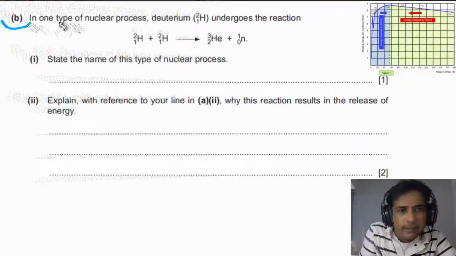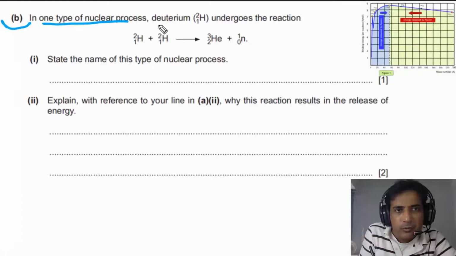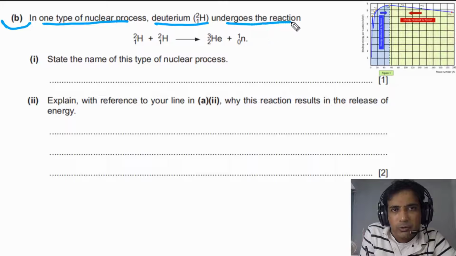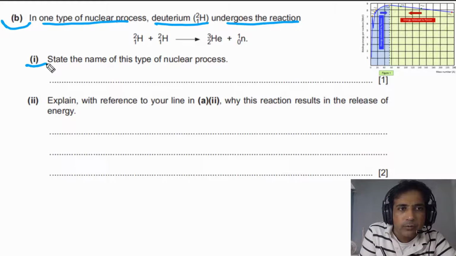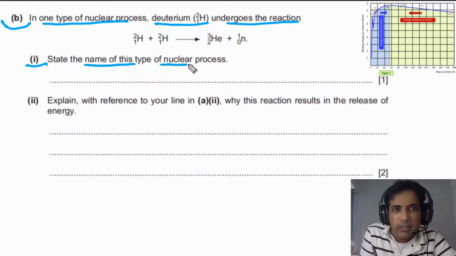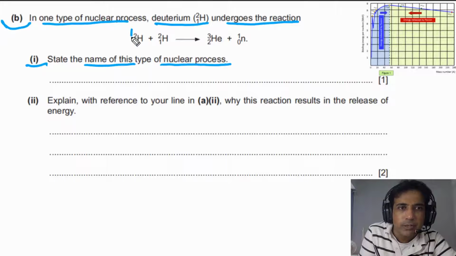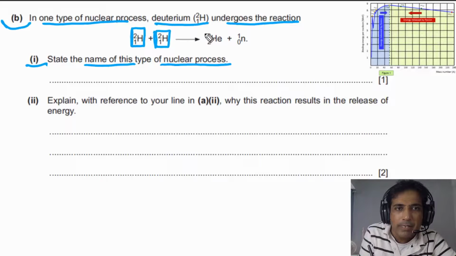For part D, it is given to us in one type of nuclear process, deuterium undergoes nuclear reaction. For part 1, we need to state the name of this type of nuclear process. In this case, you can see we have 2 deuterium nuclei. These 2 deuterium nuclei combine together, or simply we can say they fuse together to form the helium nucleus.